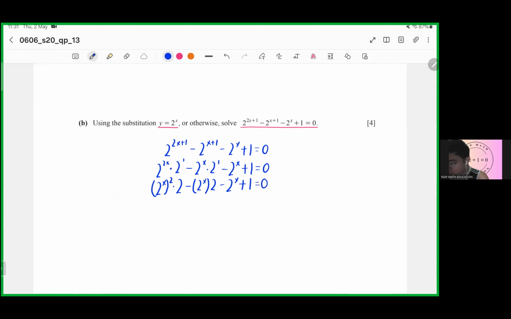Then we substitute it. We get 2y squared minus 2y minus y plus 1 equals 0.